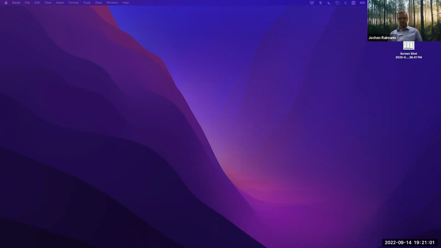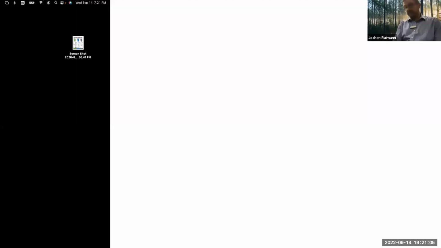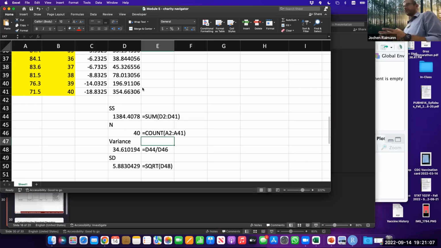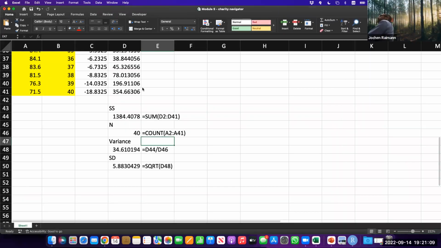You calculate the deviation from the mean, you square the deviations, you sum them to get the sum of squares, you divide it by the number of entries, and you take the square root, and you're done. You have the standard deviation.